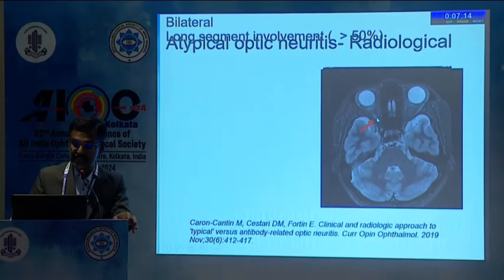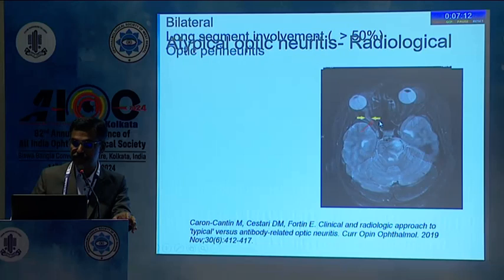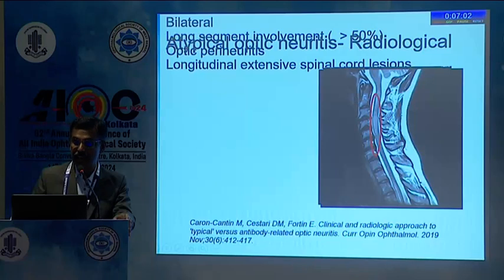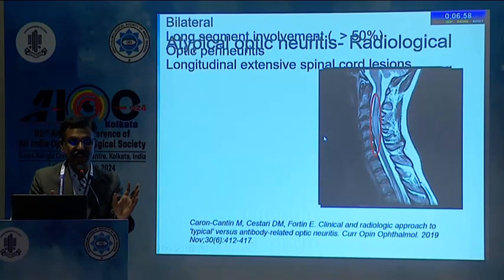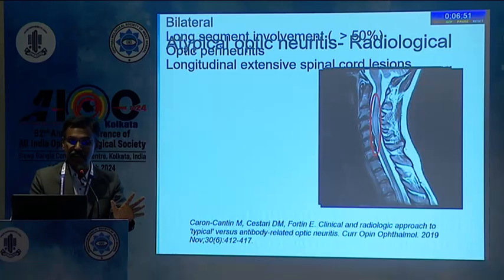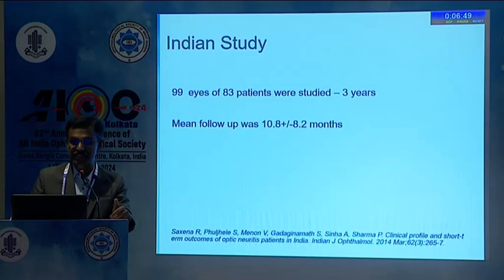Here also there has been extensive optic nerve involvement, more posterior involvement of the optic nerve as seen radiologically, again pointing to an atypical presentation, or a longitudinally extensive spinal cord involvement. So once we see all these radiological findings in addition to the clinical findings, we know whether this really needs an extensive workup or not. So we need not do it for every case.